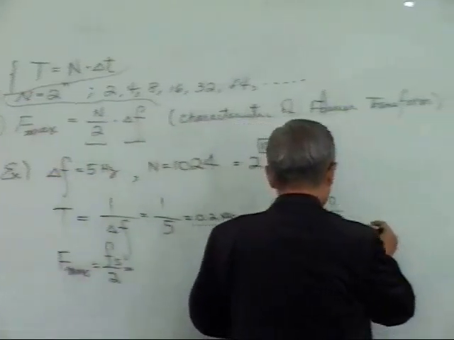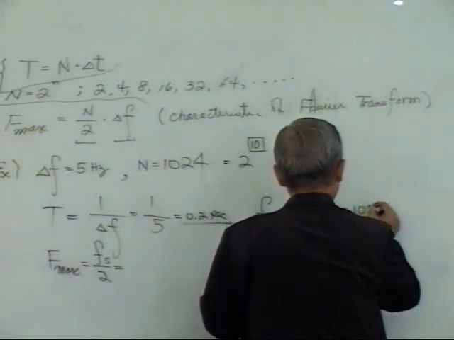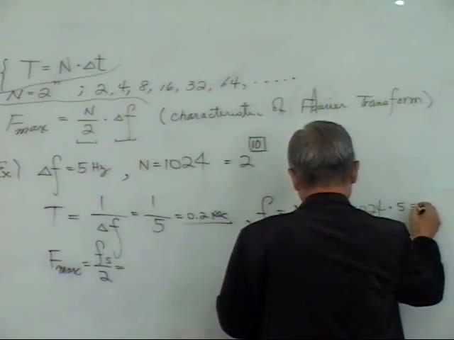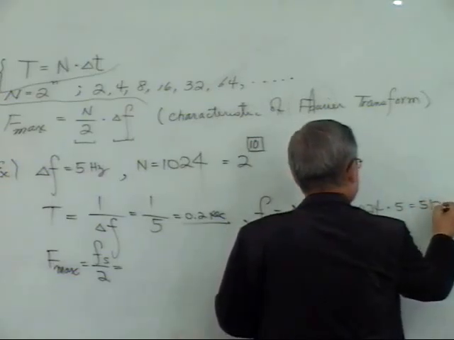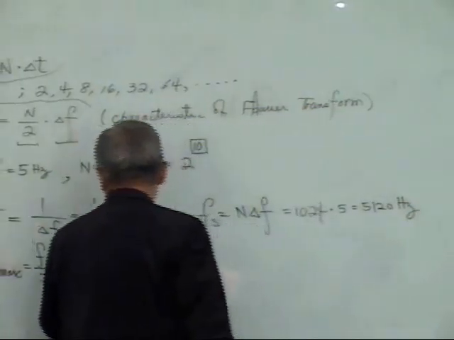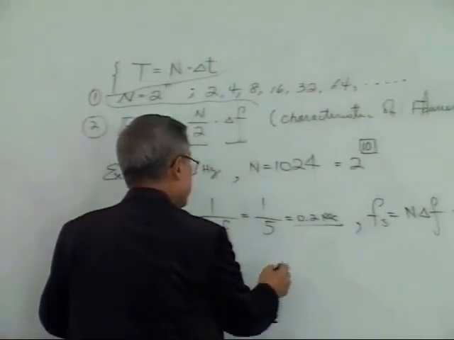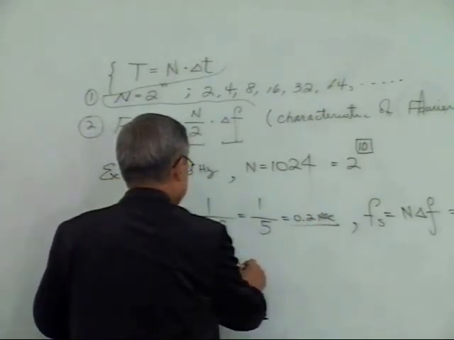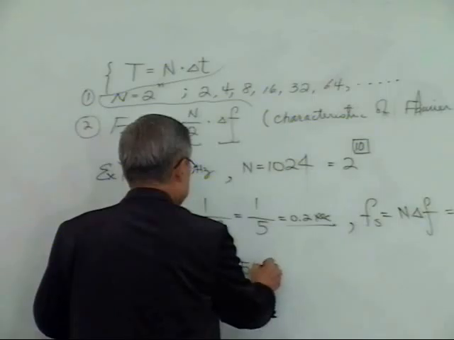Fs is equal to 1024 times 5, and then F max becomes half of that, which is 2560 Hertz.